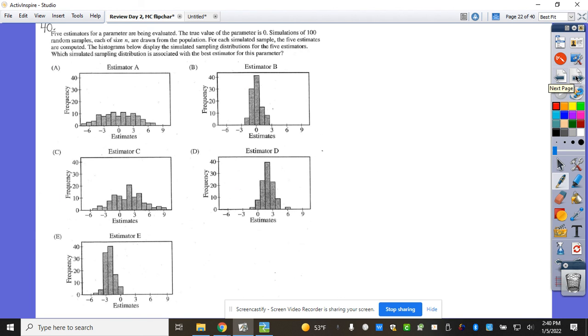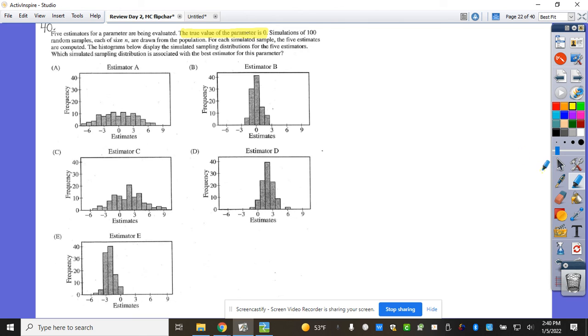All right, number 40. I'm thinking people didn't read this. People that missed it didn't read it. 5 estimators for a parameter are being evaluated. The true value of the parameter is 0. So it should look like the true value of the parameter is 0, which means the whole thing should be what?